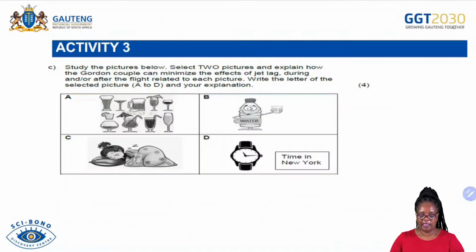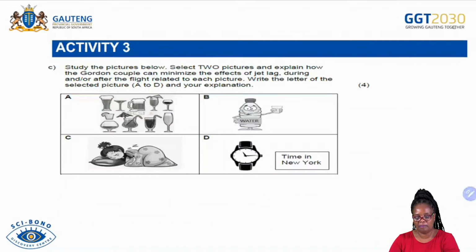So it says here, select two pictures and explain how the golden couple can minimize the effect of jet lag, during and after. So picture number A: don't drink any alcoholic beverages during or after.